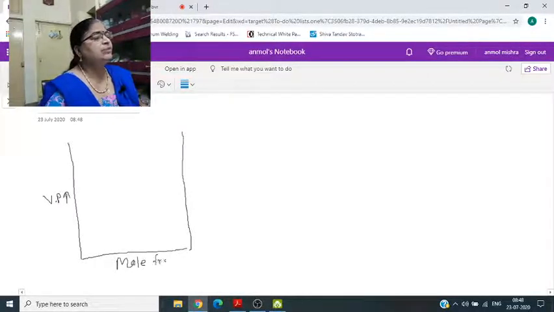Sometimes in the board exam it is asked, explain your answer with the help of a graph of two volatile liquids, then you have to draw this graph. Now here x1 and x2: at one end x1 is 1 and x2 is 0, and at the other end x1 is equal to 0 and x2 is equal to 1.